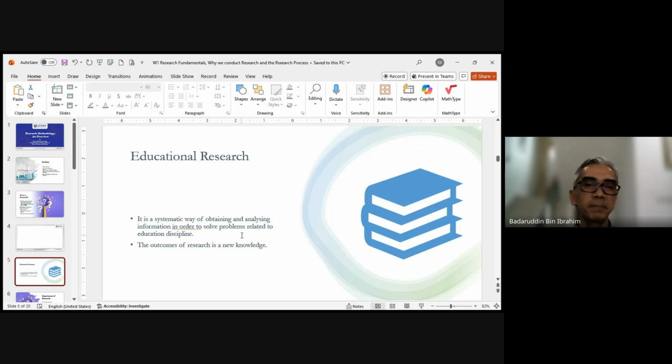Either way, the goal is the same: to reach a solution or come up with a recommendation on how we're going to solve those issues or problems related to, as mentioned in the slides, education or other social or community issues. And the outcome, of course, is new knowledge or new findings, or maybe to confirm a theory. It is not necessarily new knowledge; it can also be a confirmation of a theory, for example.